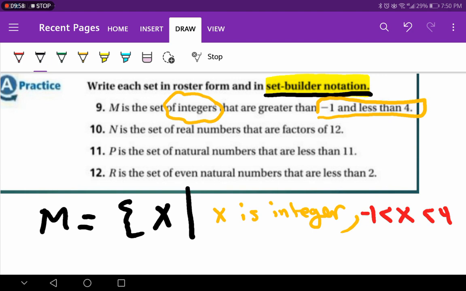And we close this. So the set builder notation, how many parts, teacher?